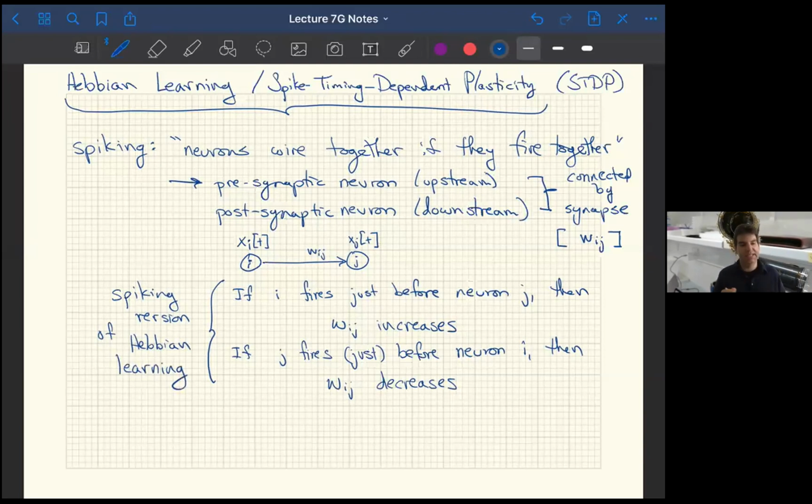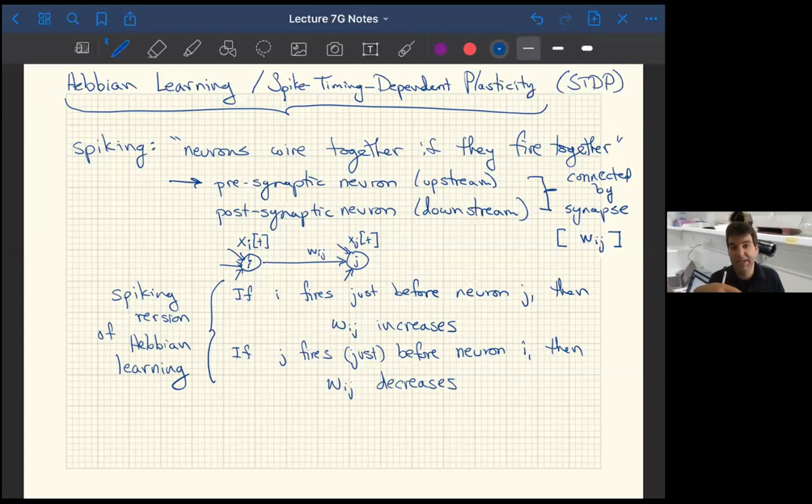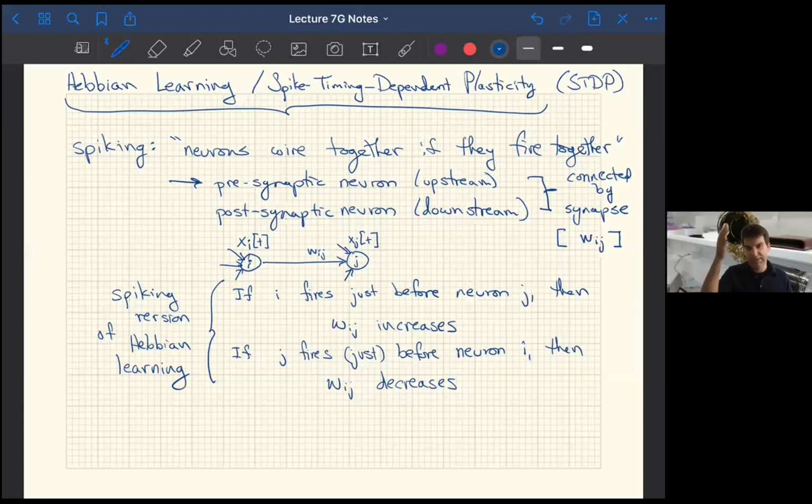The thought is that J has a lot of other inputs coming into it, and so does I. If J happens to fire and I doesn't fire, or I fires later than J, then the influence of I on J maybe needs to be weakened, because there's no downstream influence, so you decrease that weight.